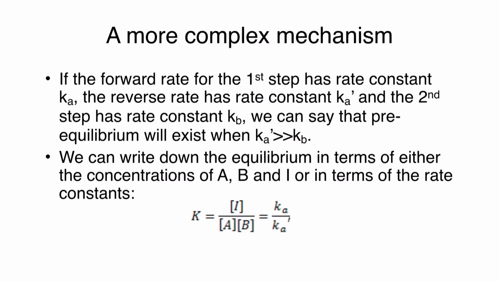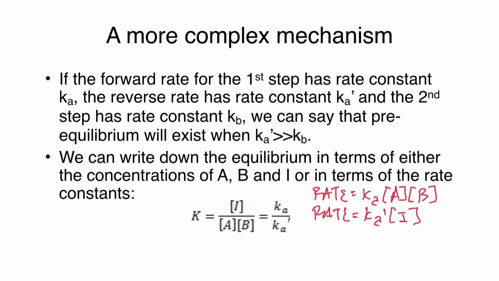And the reason for that is because I can say that the rate going forwards is Ka times concentration of A times B, and the rate going backwards is equal to Ka prime times concentration of I.